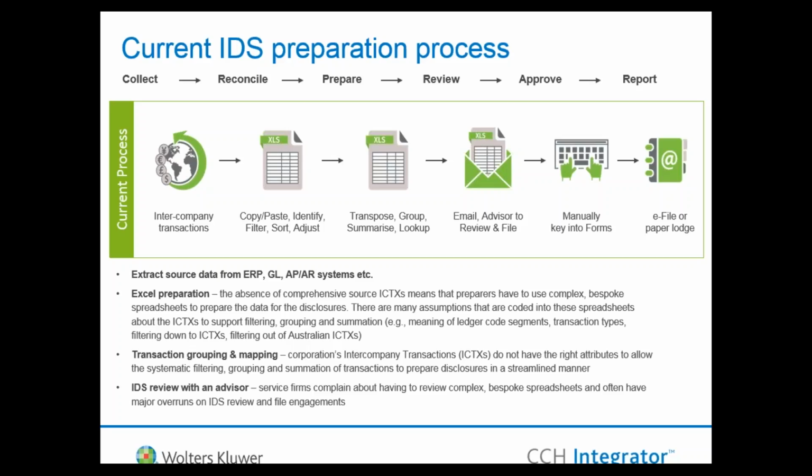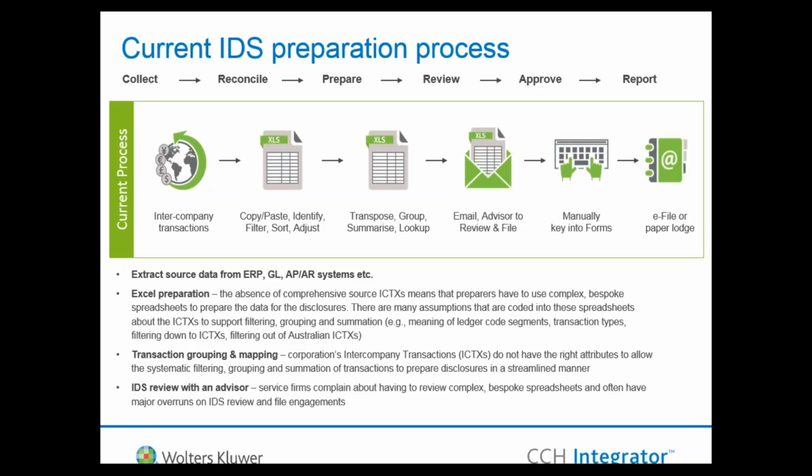So if we just look at this diagram that we've got on screen now, we've got really the process for preparing your IDS. So you start off with sourcing your transactions from your source systems, your ERP, your GL, your AP, AR systems, whether it's an SAP or an Oracle or something more of a legacy system out there. You source that data out. Usually it's very raw. The data can be quite messy. It needs to be cleansed.